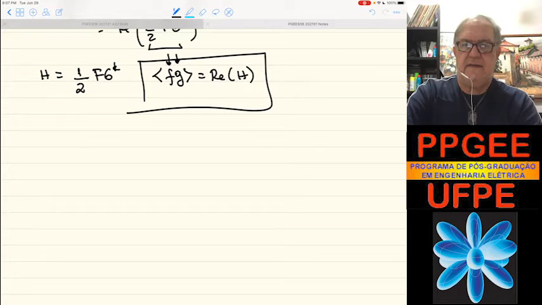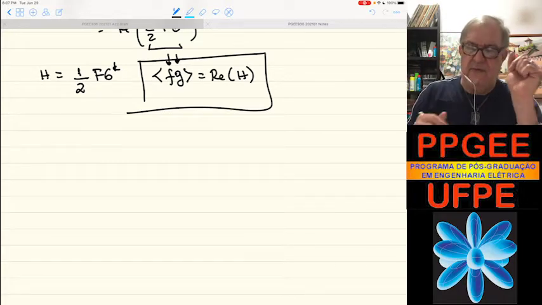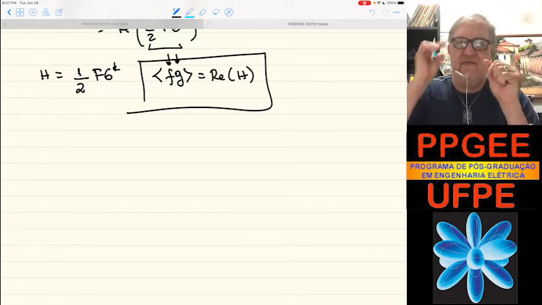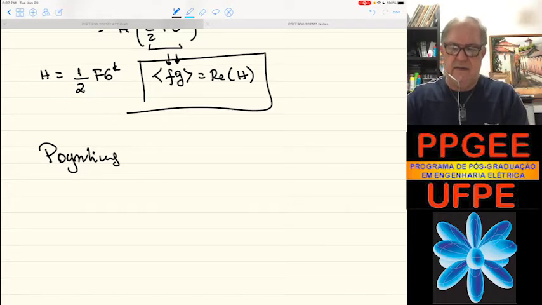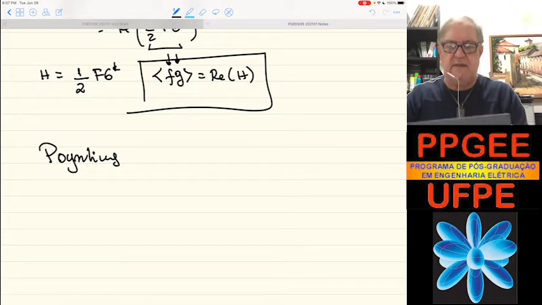Yeah. Okay. Well, we spoke before about the Poynting vector. Let's look at it. Poynting. It's becoming complicated here to handle this thing here. Let me see what can I do.